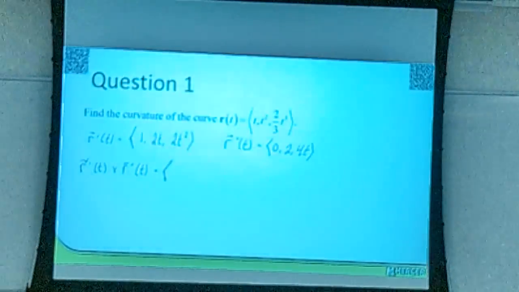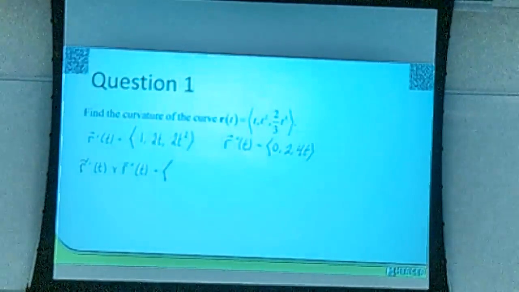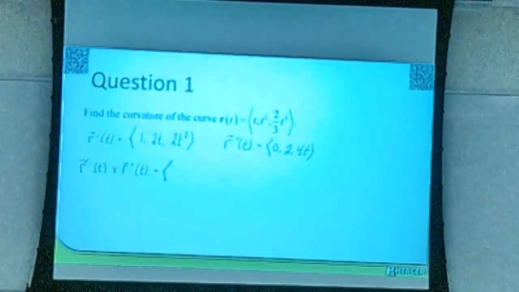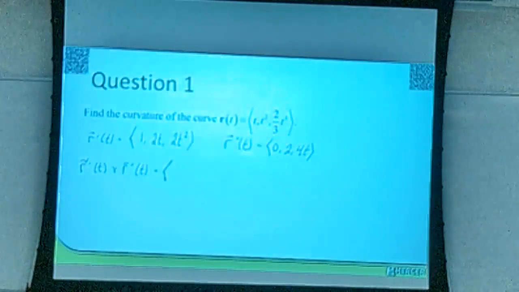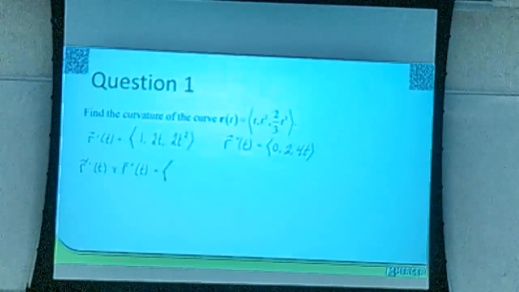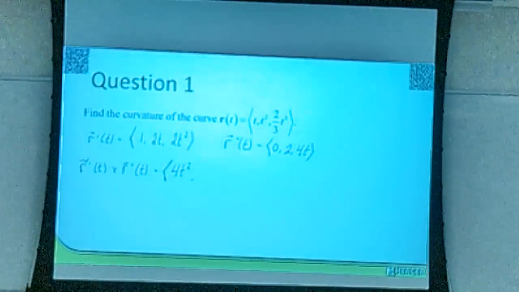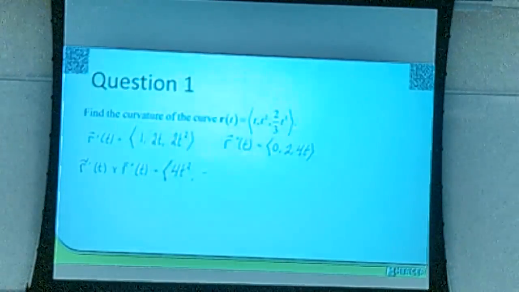Now we need the cross product. Where t squared is the first component, 1 is 4t, and the 2, negative 14, and then 2, yes.